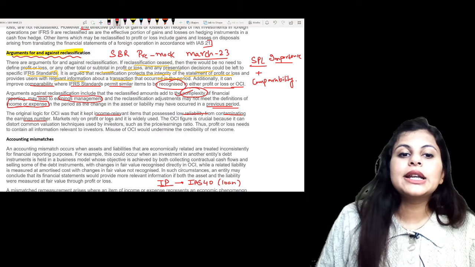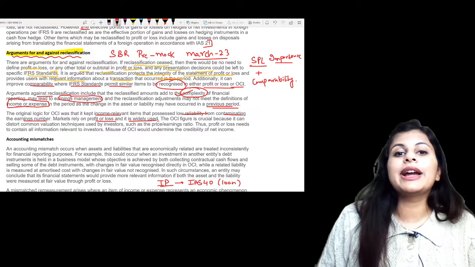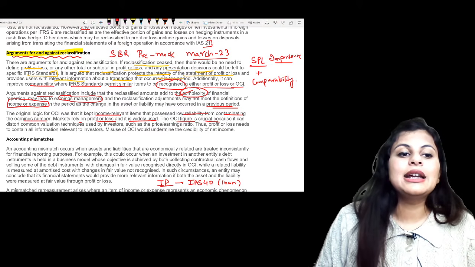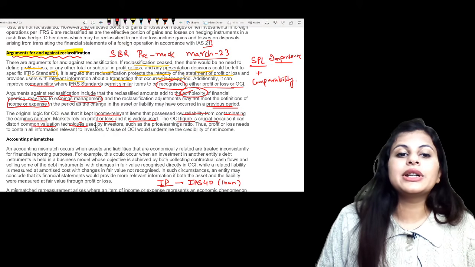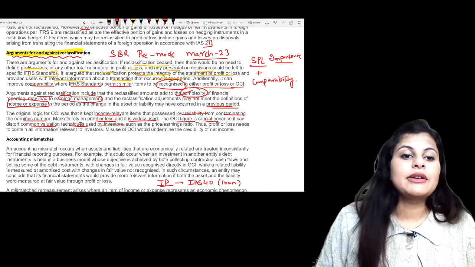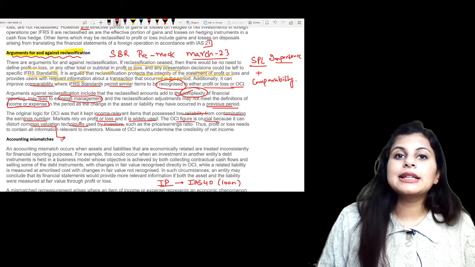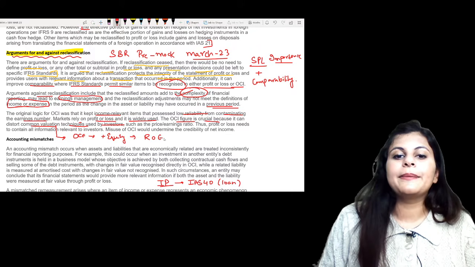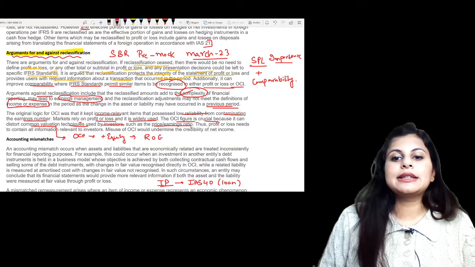So markets rely on profit or loss, and it is widely used. The OCI figure is crucial because it can distort common valuation techniques used by investors. For example, OCI is going to be part of your other components of equity, so it will increase your equity. If it increases your equity, it will increase your return on equity. It will affect your price earnings ratio.